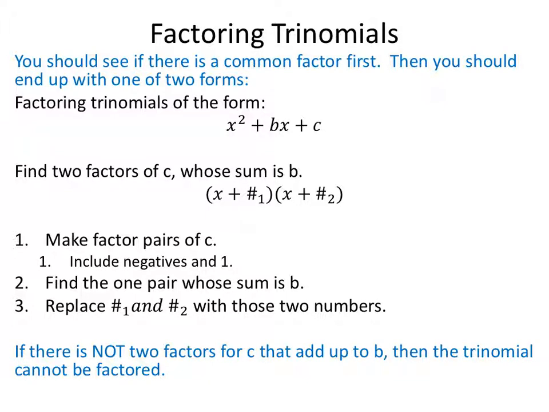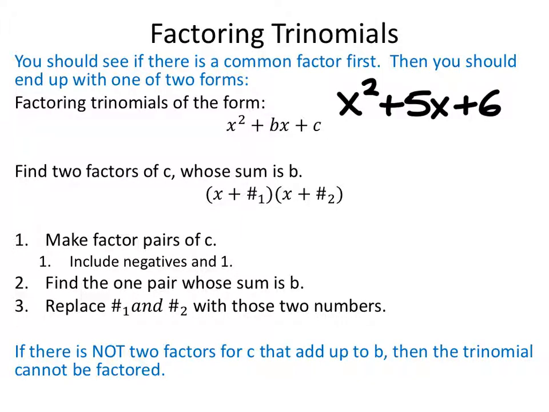So we'll make factor pairs of c, which includes the negatives, because sometimes that middle coefficient, the b value, is negative. And we may need negative factors of c. Then again, we find one pair whose sum is b, and then we replace those values into those two binomials, okay? So let's just consider that last example that we just barely looked at.